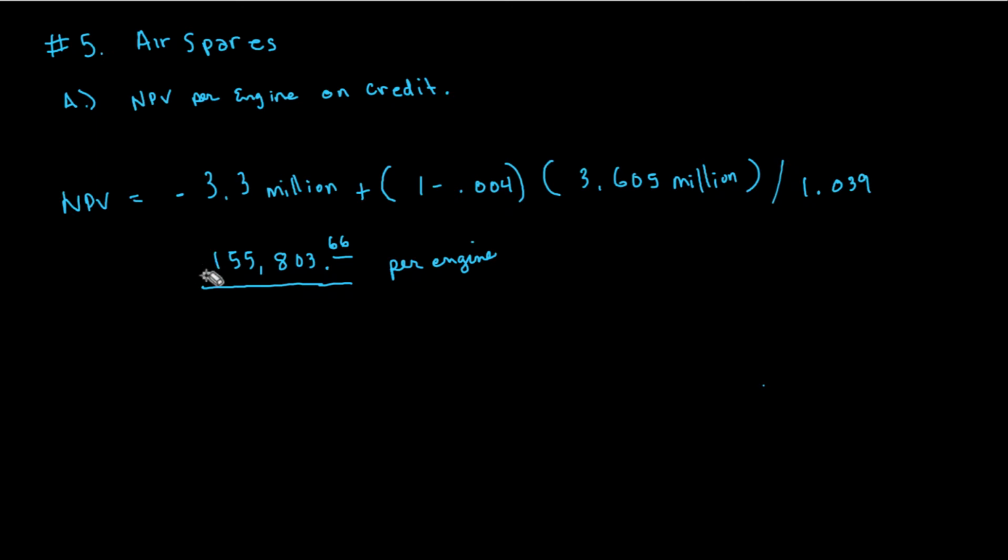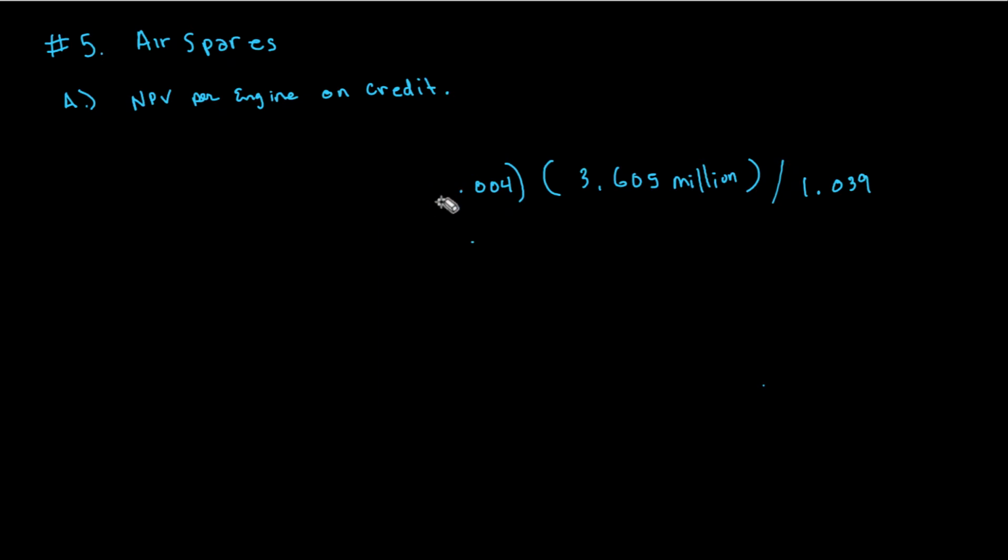So now we're going to move on to C, and we're going to use the different equation that we have for whenever we have a repeat customer and we're issuing them credit.